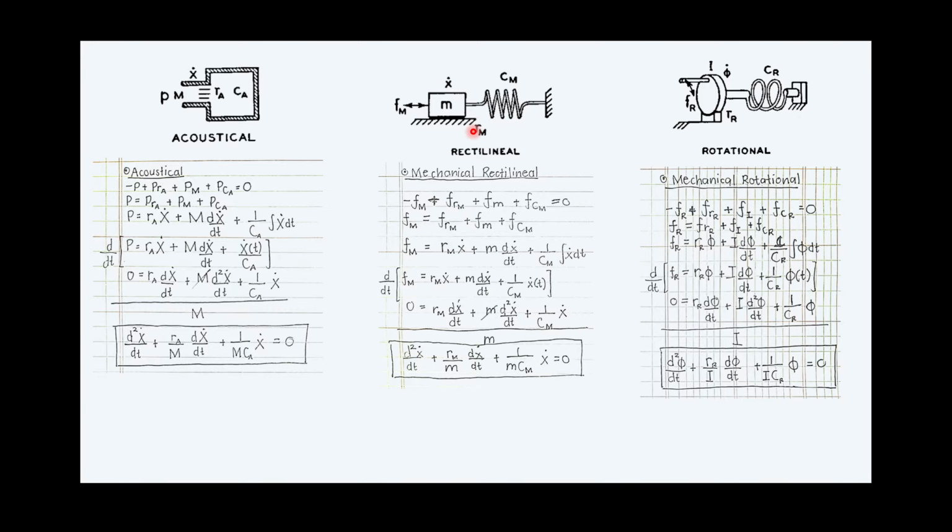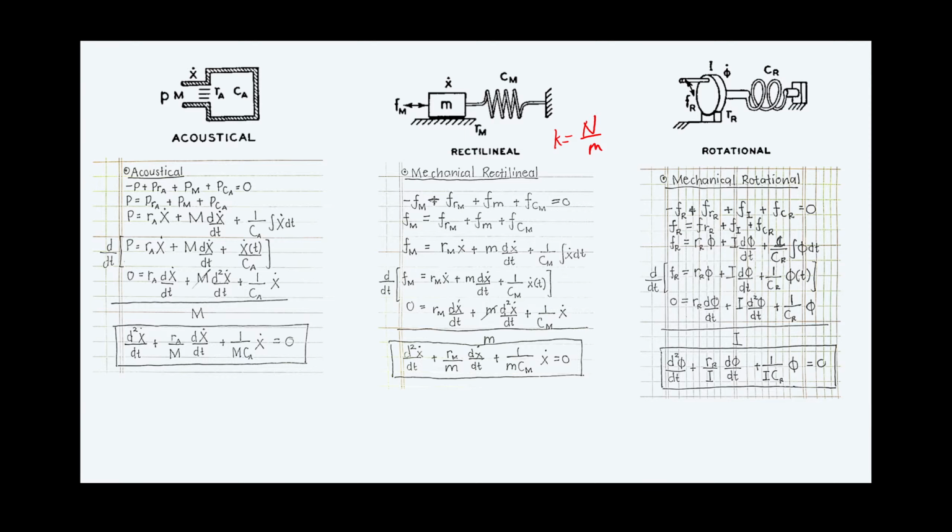And this is the spring. You can remember K, the spring constant, and the unit of this is Newton per meter. Later there's an example of this.